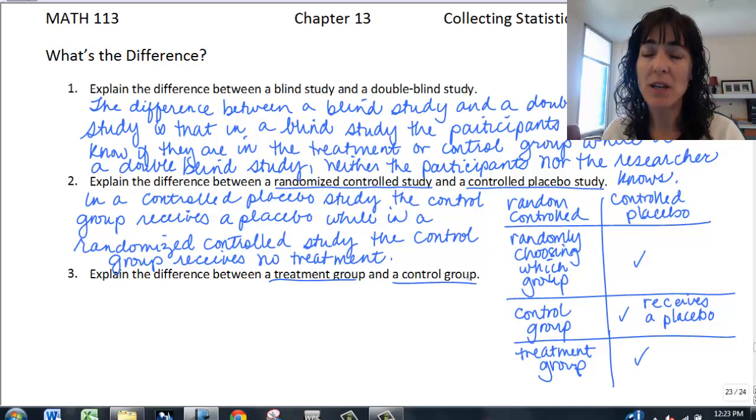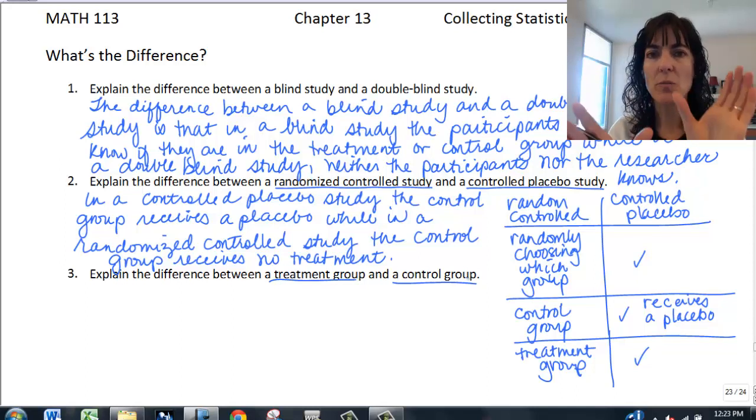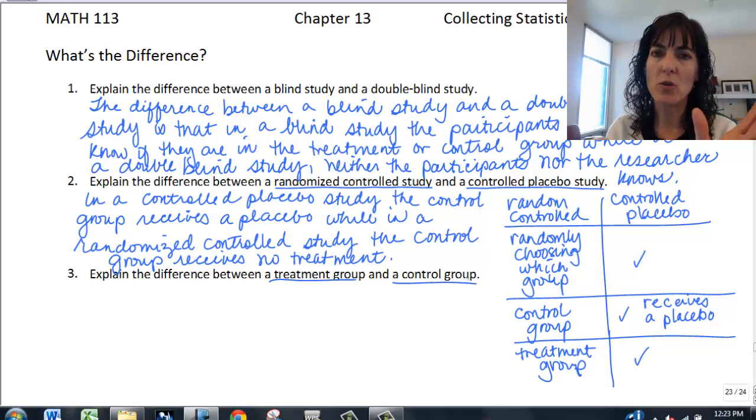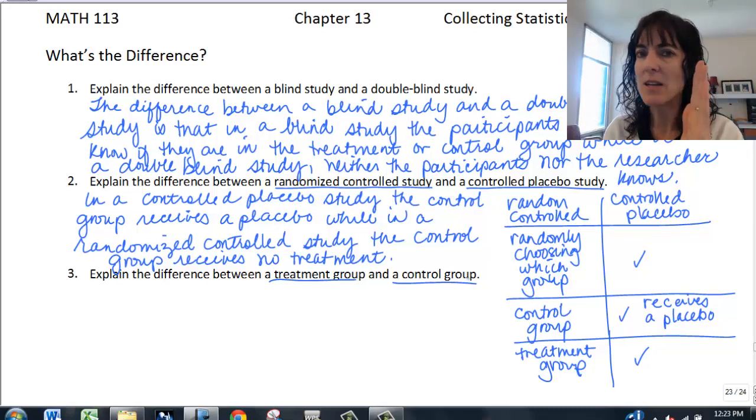They may be getting a placebo, but they're still just a control group. So they are separate from the treatment groups, and we want to compare the two, the treatment group or groups, with the control group to see if there was indeed any effect based on our treatments. So our control group is not a treatment, it's separate. It's the group that receives a placebo or no intervention at all.